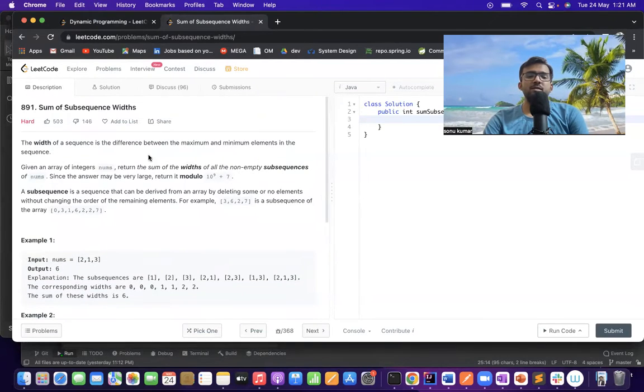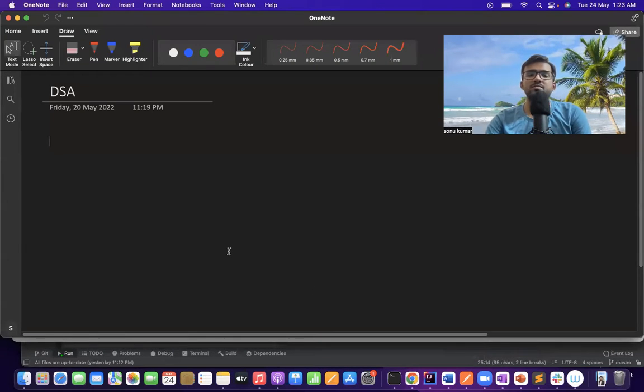For solving this, the very basic approach is the way we generate the subsequences. For example, let's say we have the elements 1 2 and 3.